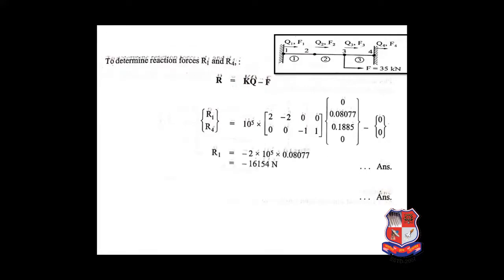Then the answer will be R1 is equal to minus 1614 Newton and R4 is equal to minus 18850 Newton. If we sum both of them, it is about minus 35 kilonewton. Okay, so this is the comparison between the two sides.